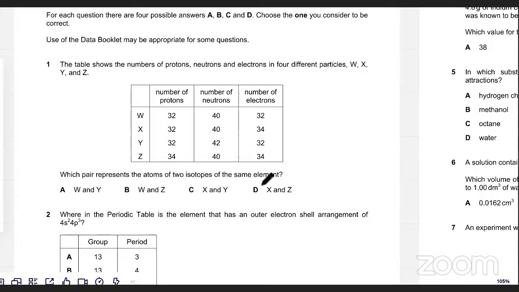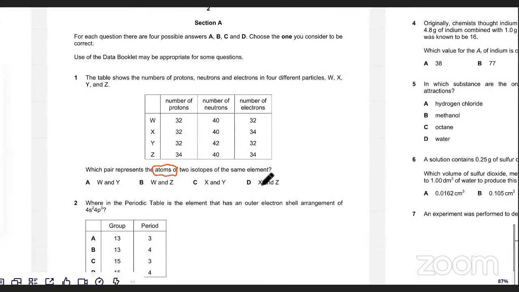They are definitely isotopes, but remember this is a trick question. He's talking about atoms, okay? The problem with this one is that if you go with X and Y, the problem is that X is not an atom, okay? Because it's an ion, it's a -2 ion because it's got more electrons than protons.